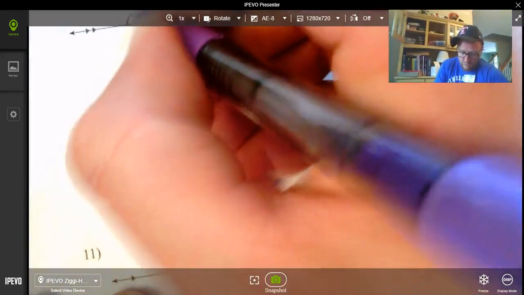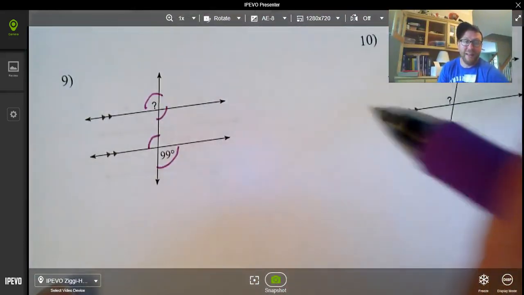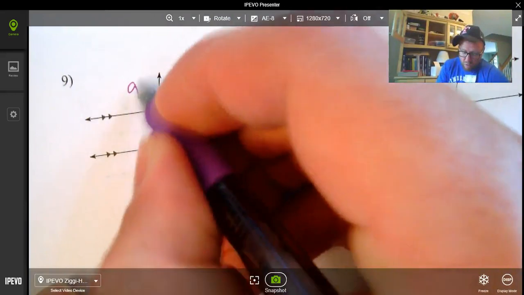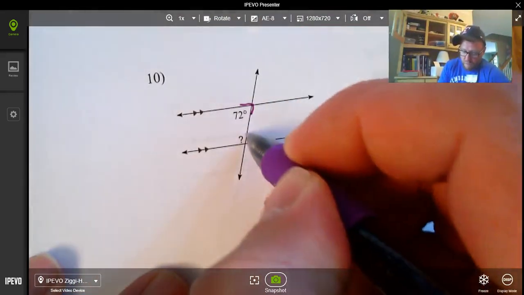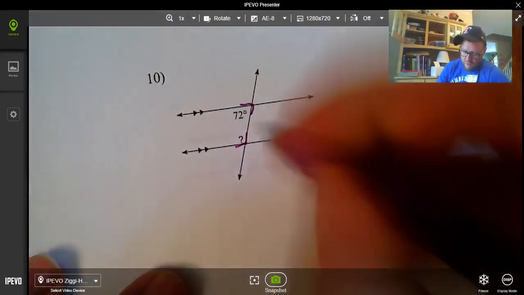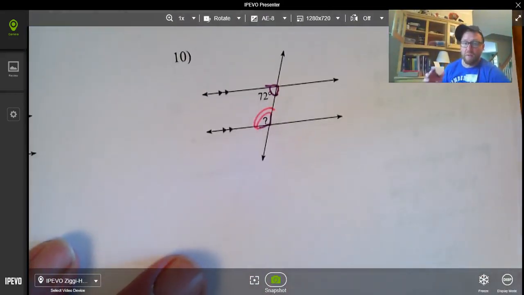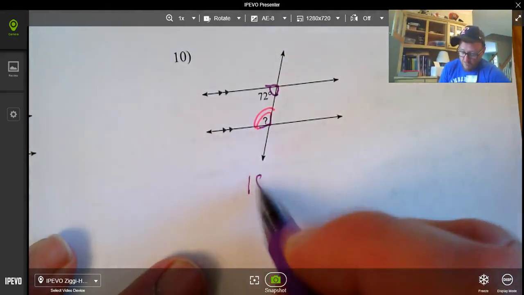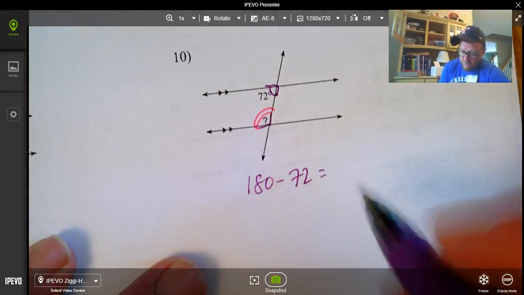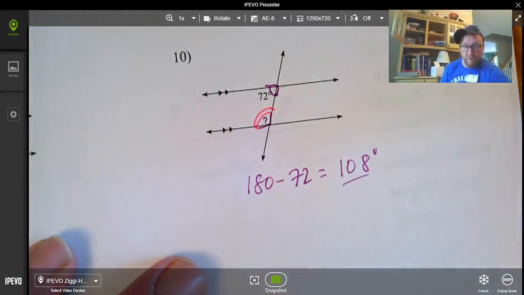Here, all the pattern through. Oops, these are alternate exterior angles, congruent when the lines are parallel. Here, see these two here? And these are same side interior, not on the same pattern, so they are supplementary. So 180 minus 72 is 108 degrees, supplementary.